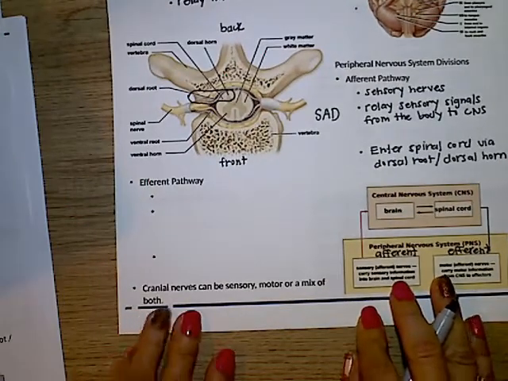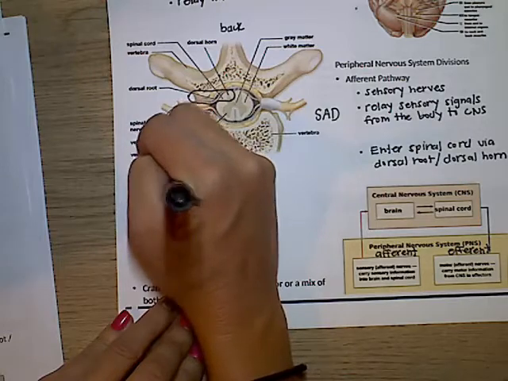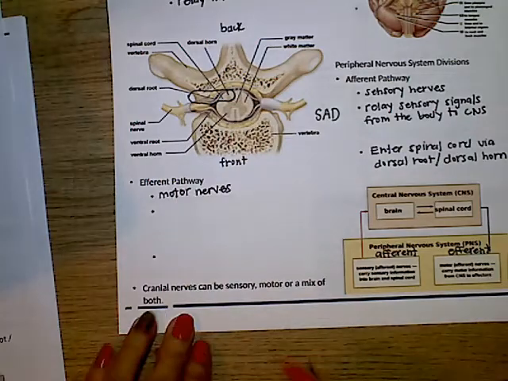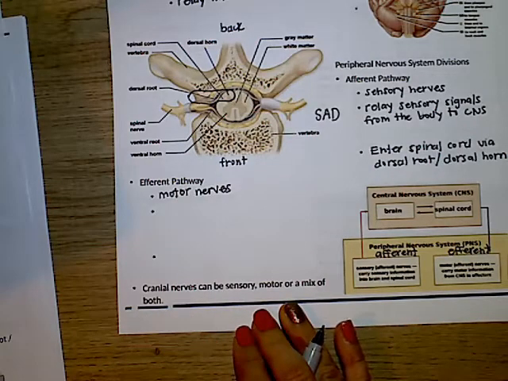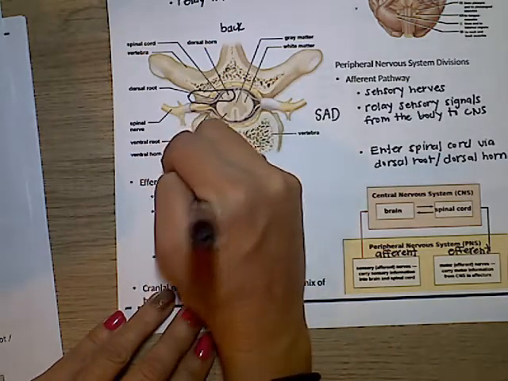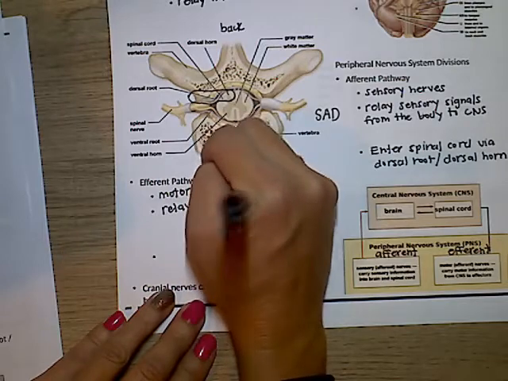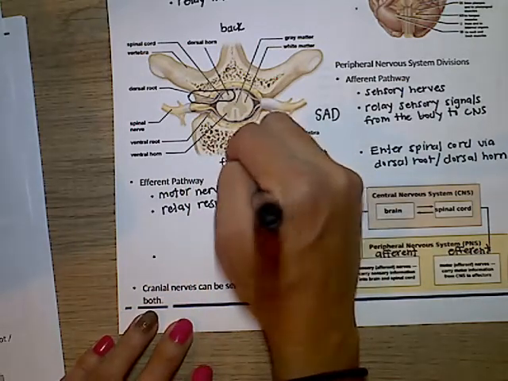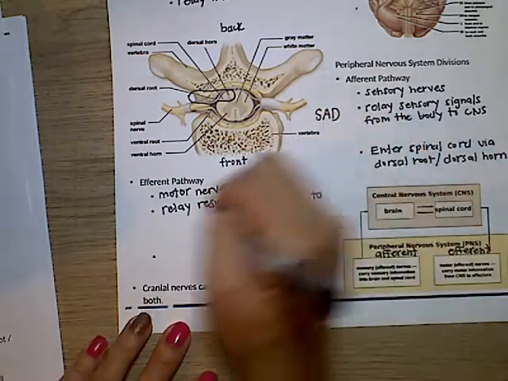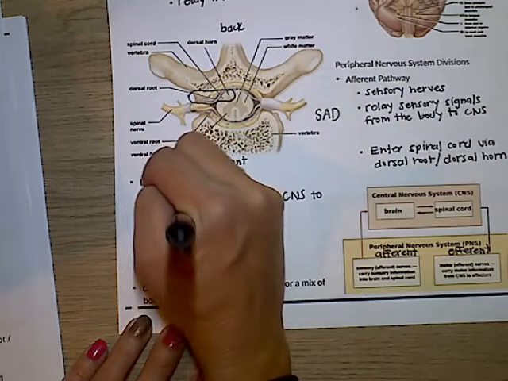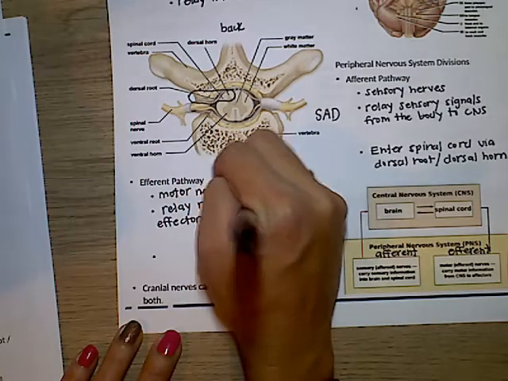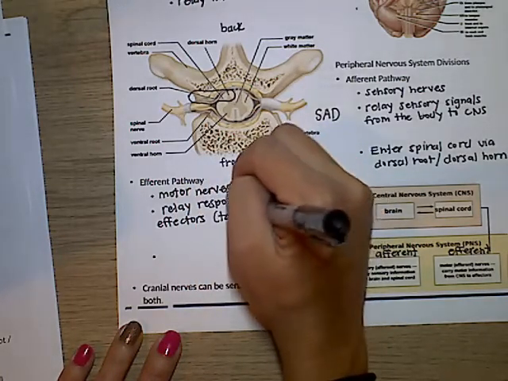For the efferent pathway, these are your motor nerves. They are going to relay the response from the central nervous system to effectors, which are your target glands and organs of the body.